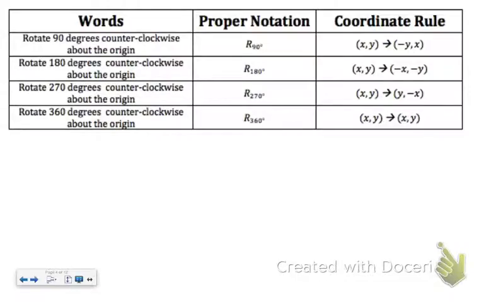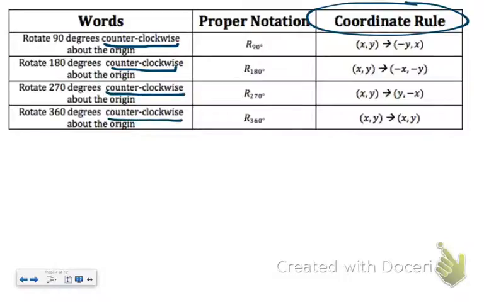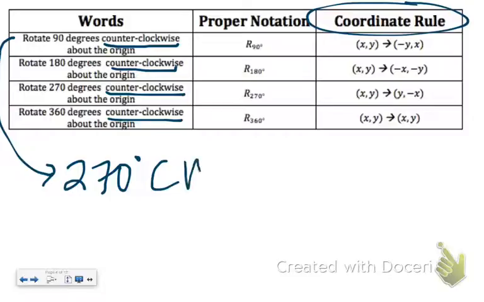So to talk a little bit about the table that you see at the top of your handout, we can have different coordinate rules for each type of rotation that we're doing. So one thing to keep in mind is that these rules are given to you in the counterclockwise position, each and every single one of them. But remember when we discussed yesterday, if you are ever told that you are going in a clockwise direction, the equivalent of going 90 degrees counterclockwise is to go 270 degrees clockwise, the opposite way.